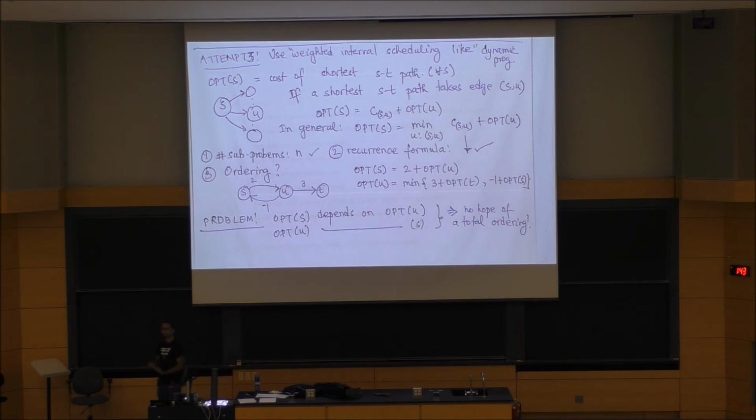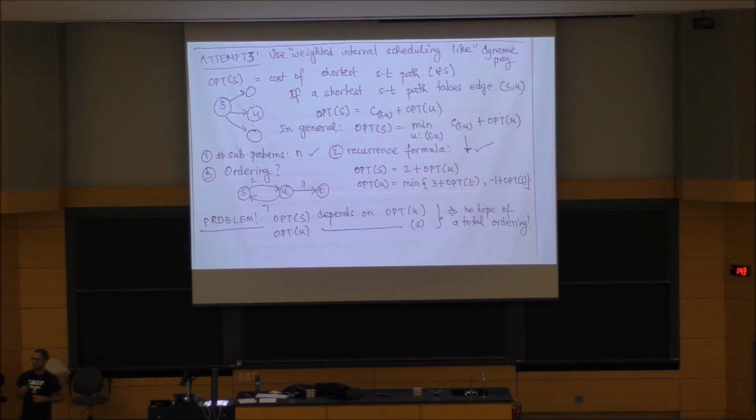That makes sense? Because in the order, either S has to come before U or U has to come before S, and in at least one of those cases, if you go in order, the actual value won't be ready for you.